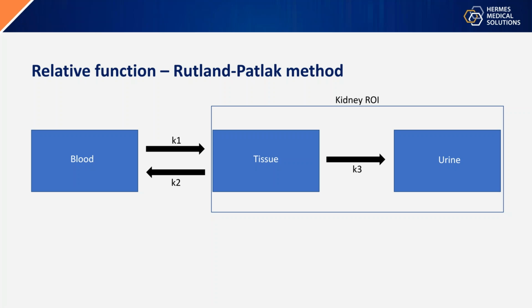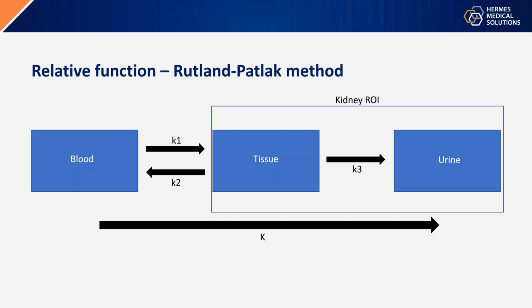So when we draw on the image, the kidney region data is both tissue and urine combined. So this means that we have to draw another region for the blood, and this is usually located in either the heart or the descending aorta, depending on what is available.